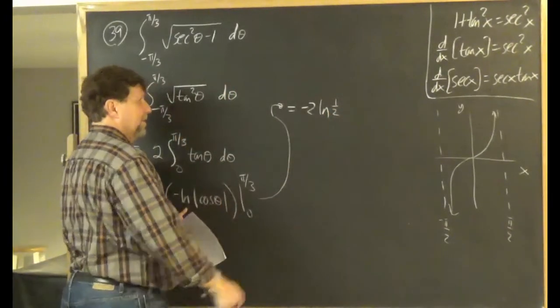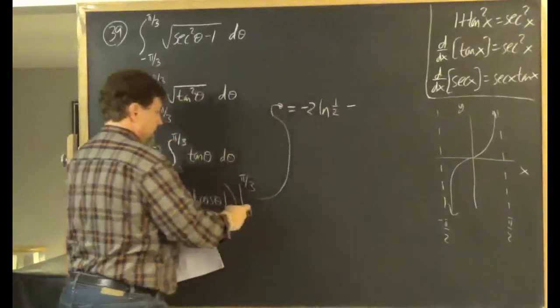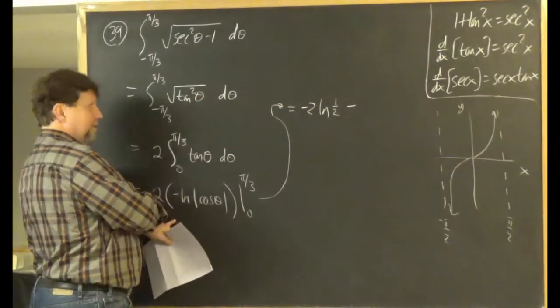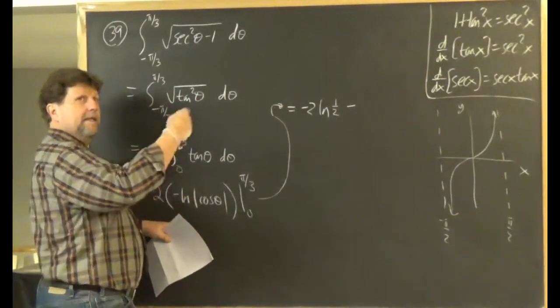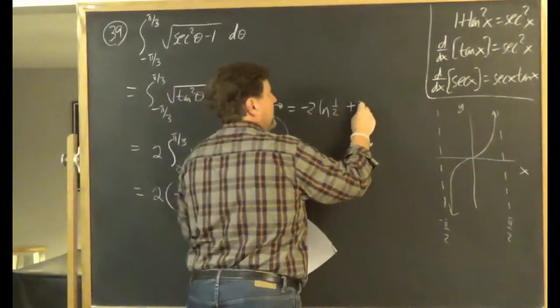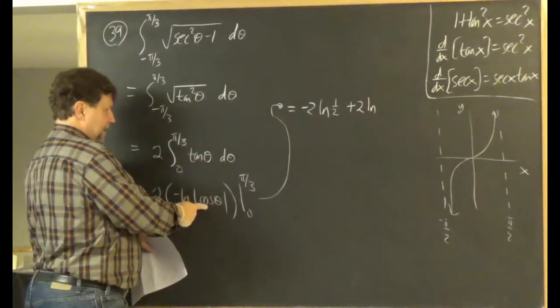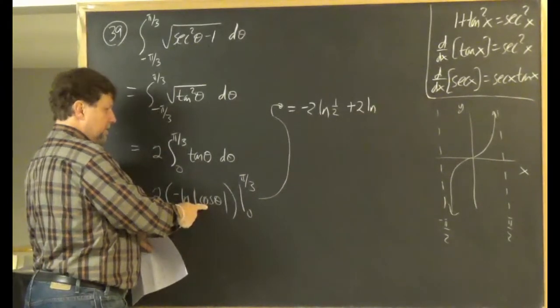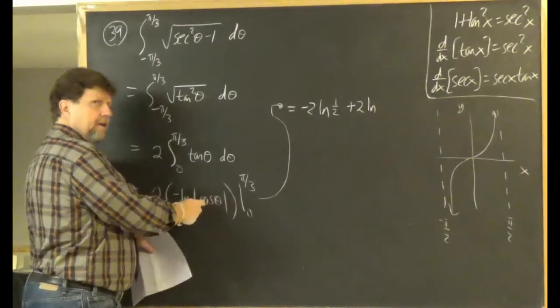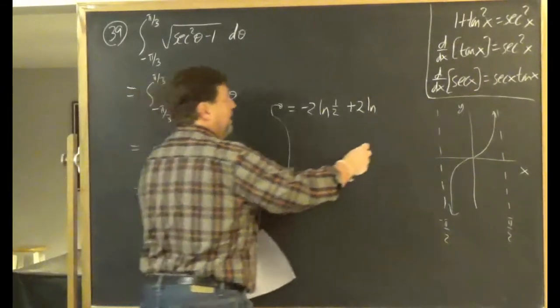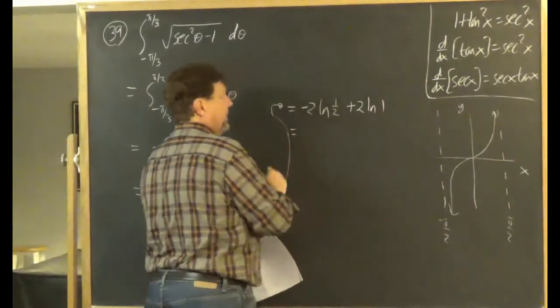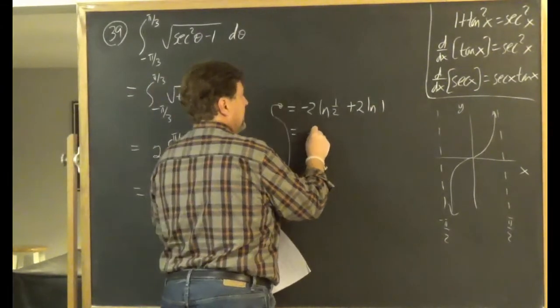That's a positive number. Okay, minus, now the 0 goes in, so that would be a negative 2, minus a negative. So that's plus 2 the natural log of cosine of 0. Cosine of 0 is 1. I could simplify this just a little bit.